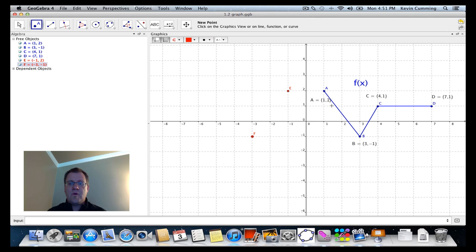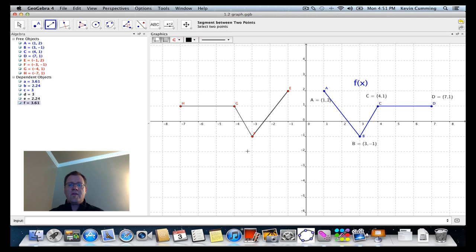Point C, 4 units to the right, becomes 4 units to the left. And point D is at 7 units to the right. It ends up 7 units to the left. So I can connect the dots with all these and get my new function.